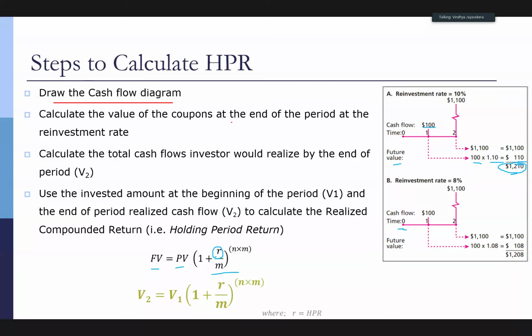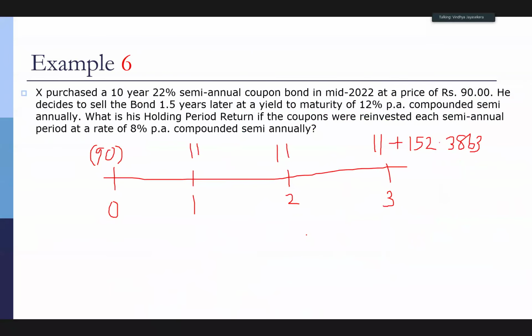Second step, calculate the value of the coupons at the end of the period after reinvesting them. Coupons are reinvested each semi-annual period at a rate of 8% compounded semi-annually. So what happens to the first coupon? How does it work?